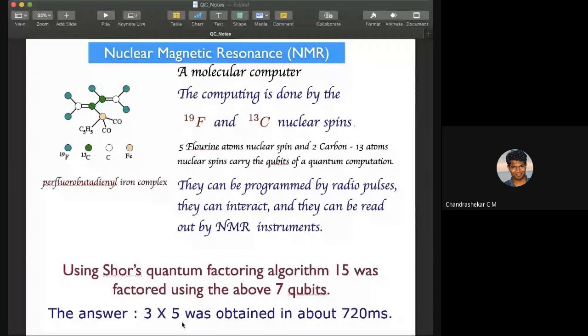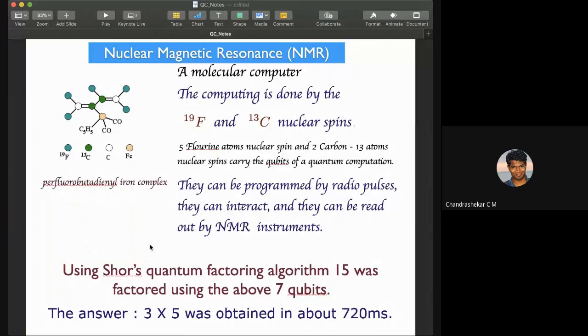And all that it says is, you can take any chemical complexes. This is one example of a chemical complex, which is perfluorobutadienyl iron complex. You don't have to worry about any chemical name here, but this is also called a molecular complex, where you control hydrogen atoms, or you can control electrons or the nuclear spins of those molecules, and doing some manipulations on them, you can implement quantum gates.